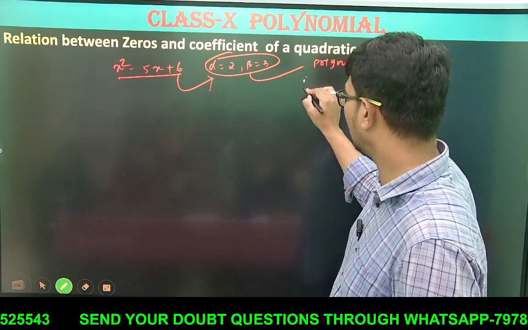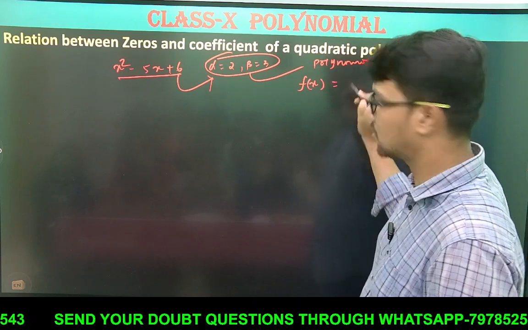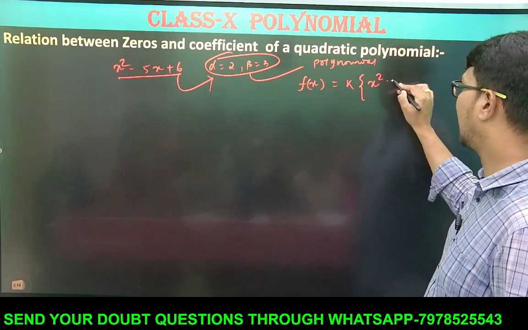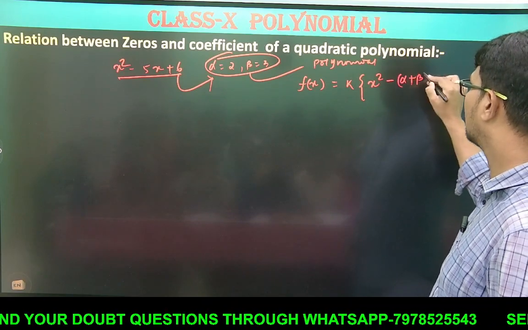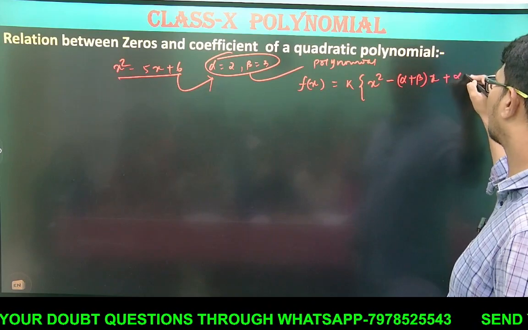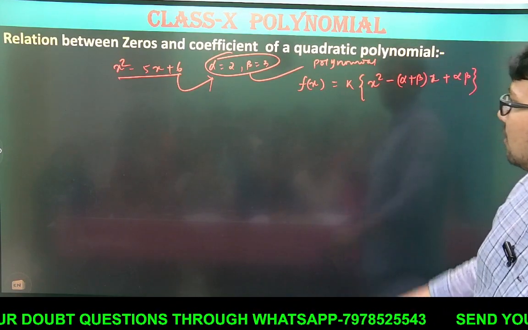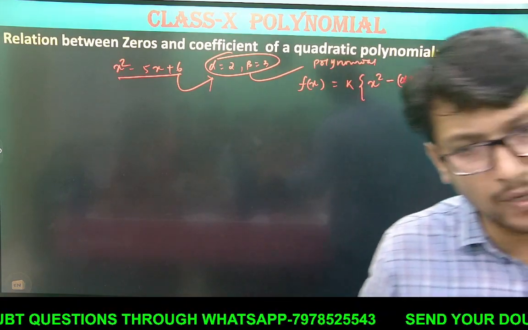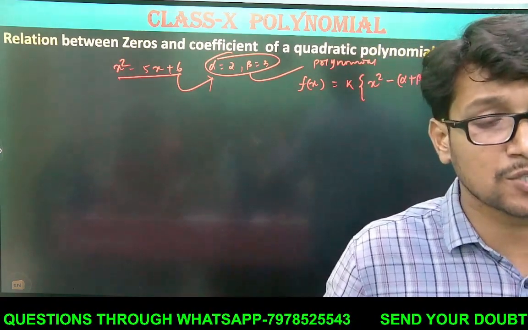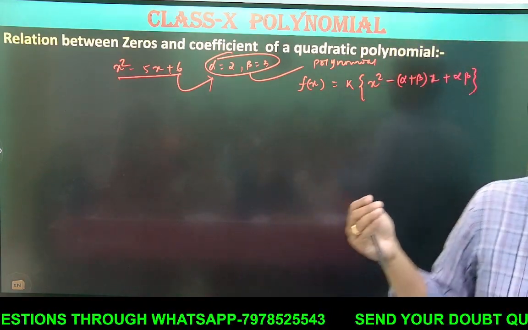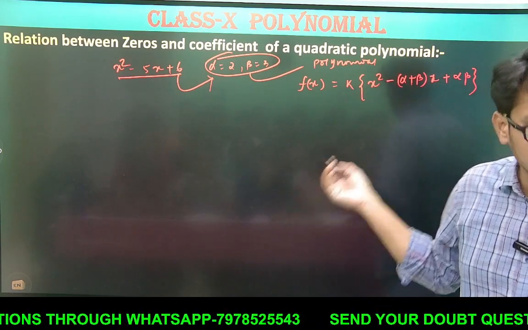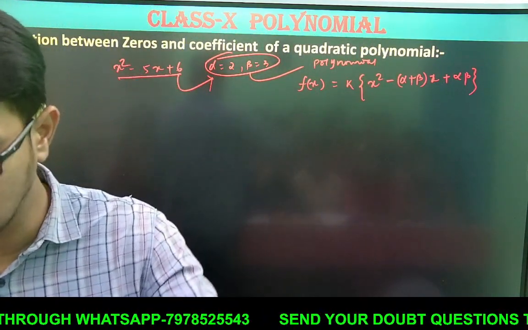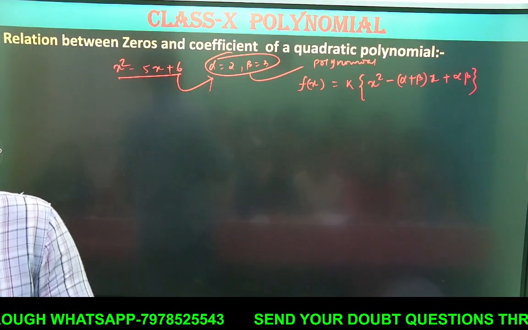If zeros are given, then the polynomial f of x or p of x is equal to k into x square minus sum of zeros into x plus product of zeros. That is the polynomial if zeros are given.